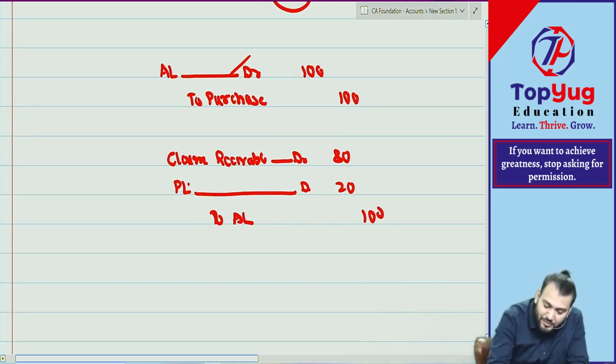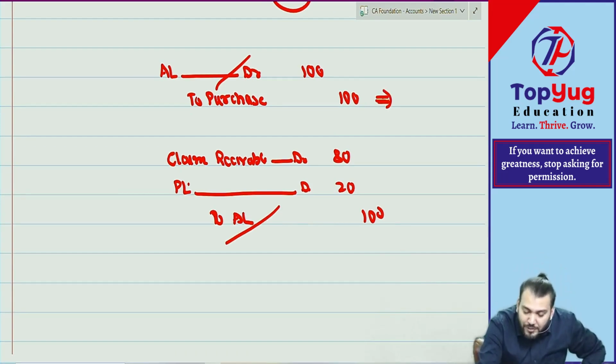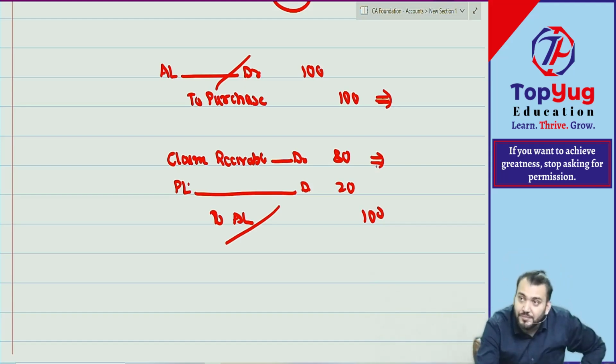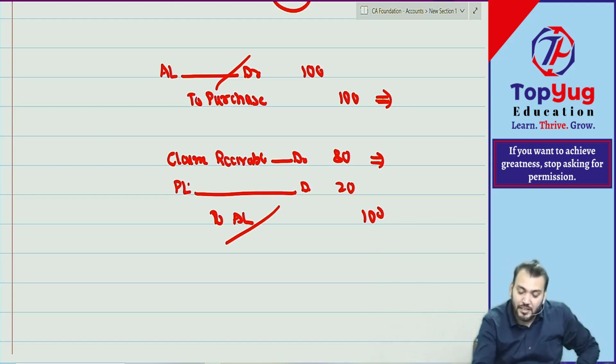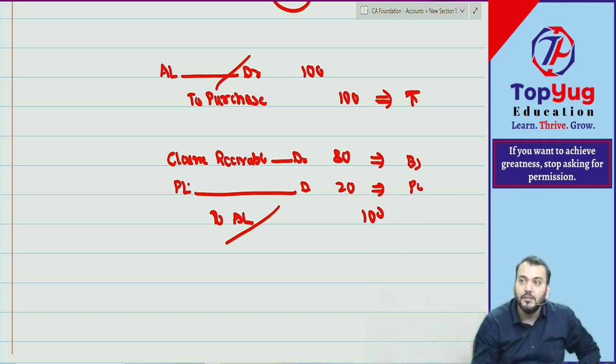Correct. This 100 will be reduced from purchase in trading account. This 80 will go to the asset side of balance sheet, and this 20 will be debited to PL account. So this will go to trading, this will go to balance sheet, and this will go to PL. Are you getting what I am saying?